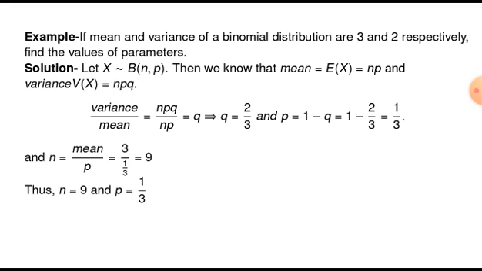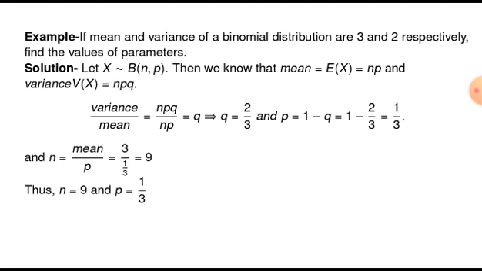Here the example is different one. What is that? We are given the mean and variance of binomial distribution.